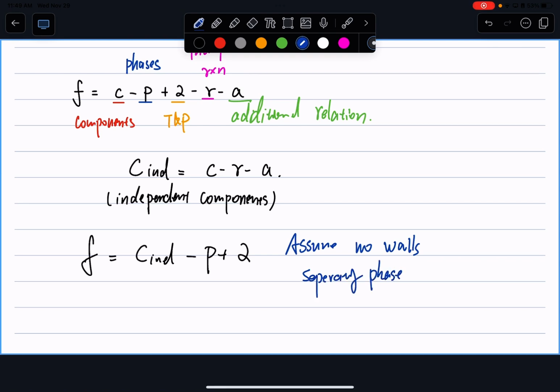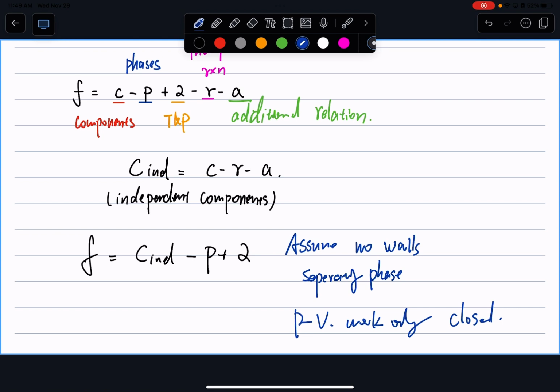And in this case, because we use phase equilibrium between the same chemical species, you cannot have walls separating those phases from each other. Otherwise, that doesn't count as a connection. And we have PV work only, closed system. Yes?